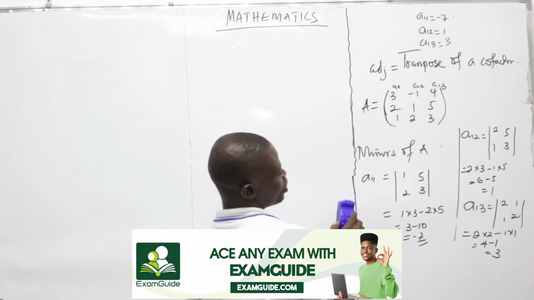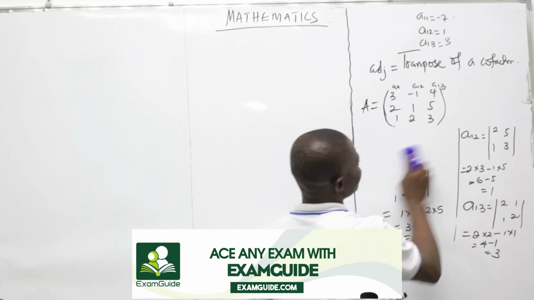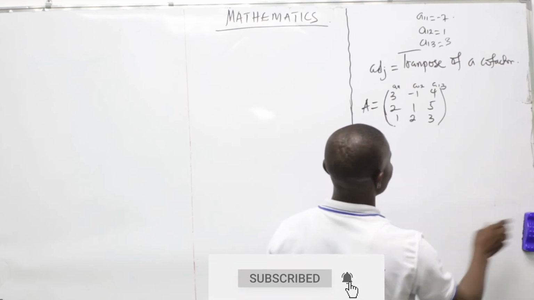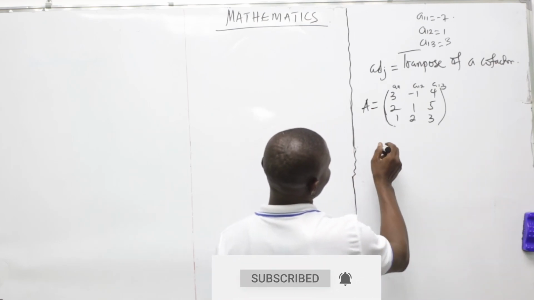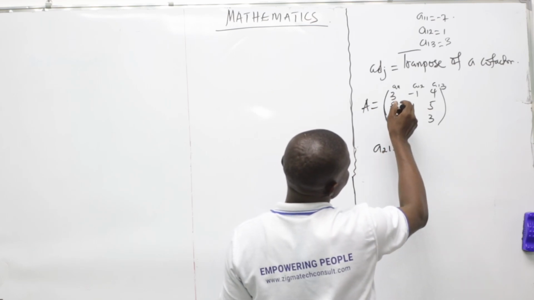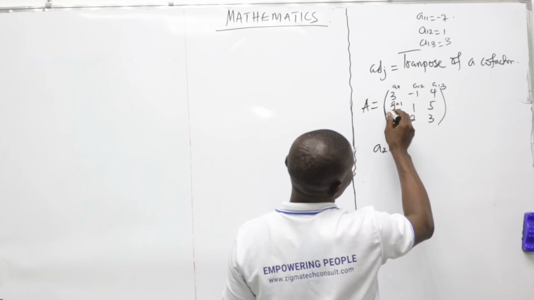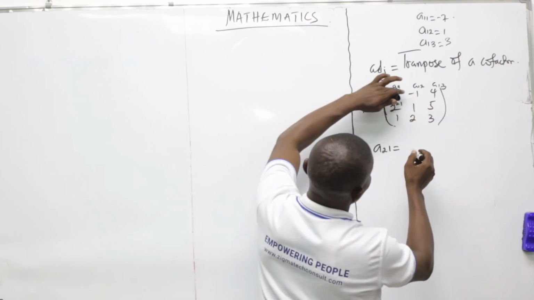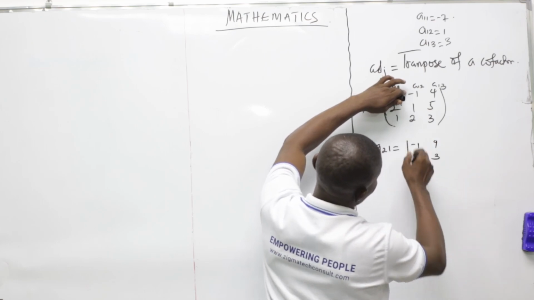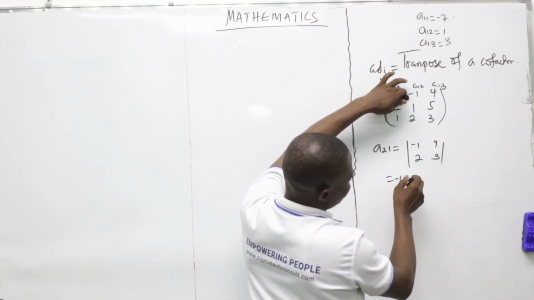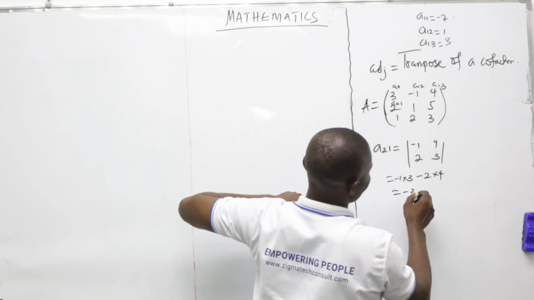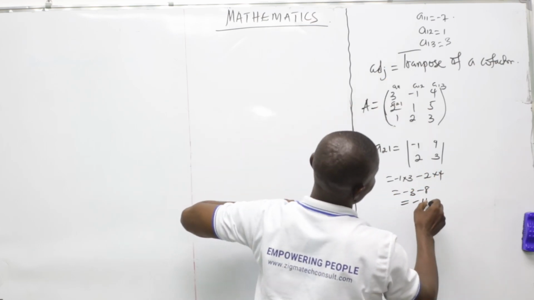Now, next to consider is A21. A21 equals the determinant minus 1, 2, 4, 3. That is minus 1 times 3 minus 2 times 4 equals minus 3 minus 8 equals minus 11.